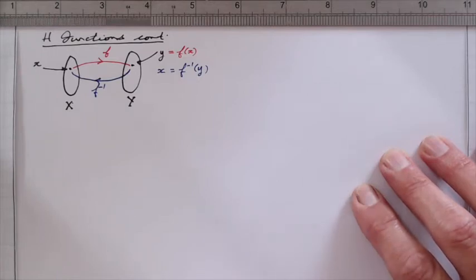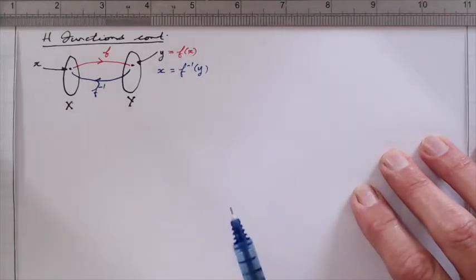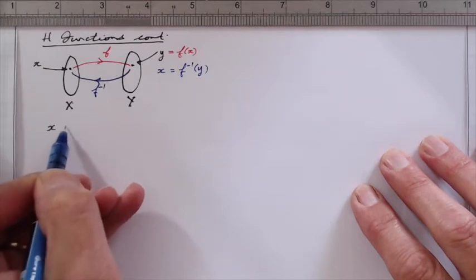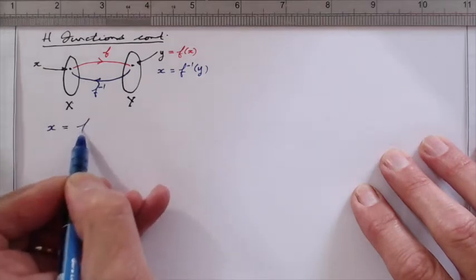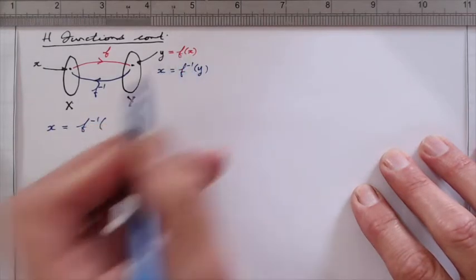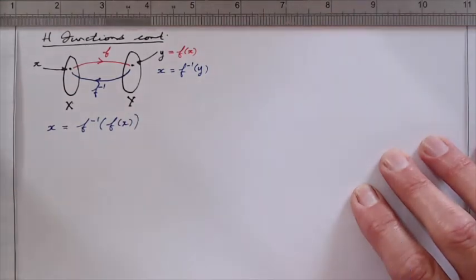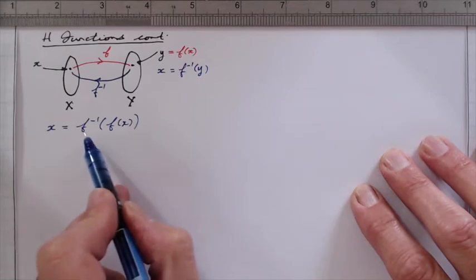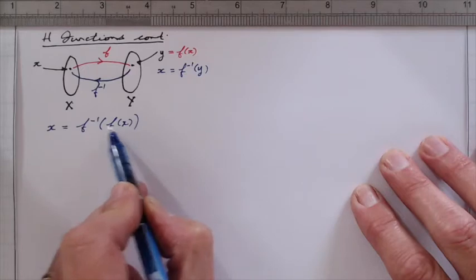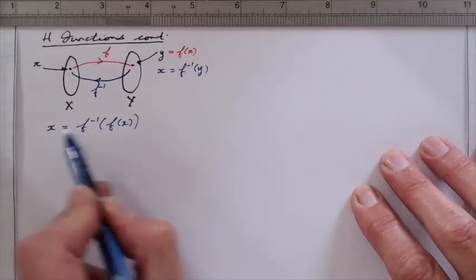Right, now a very, very important outcome of these two statements here is the following: indeed if x is the outcome of applying f^-1 to y, and if we think of y as f of x, we can write this as a composite function. And do you see how the outcome of applying the inverse function to that function of which it is the inverse, so applying f^-1 to f, gives you back the argument?